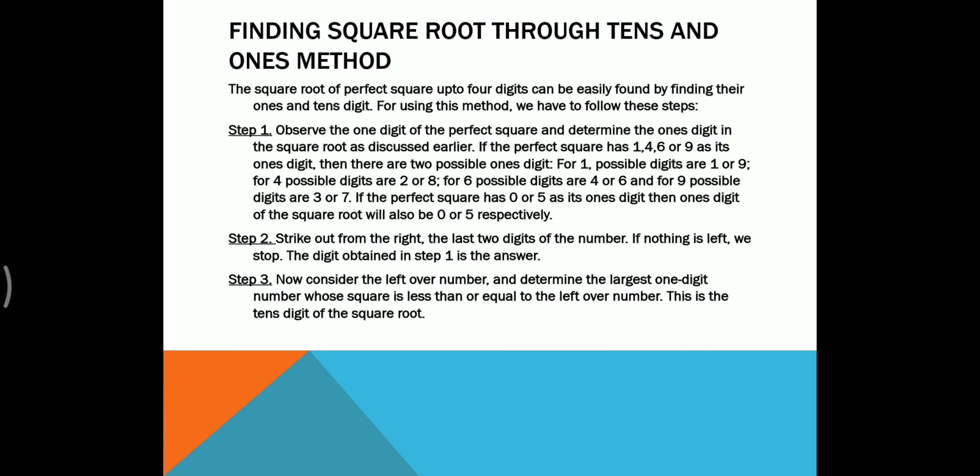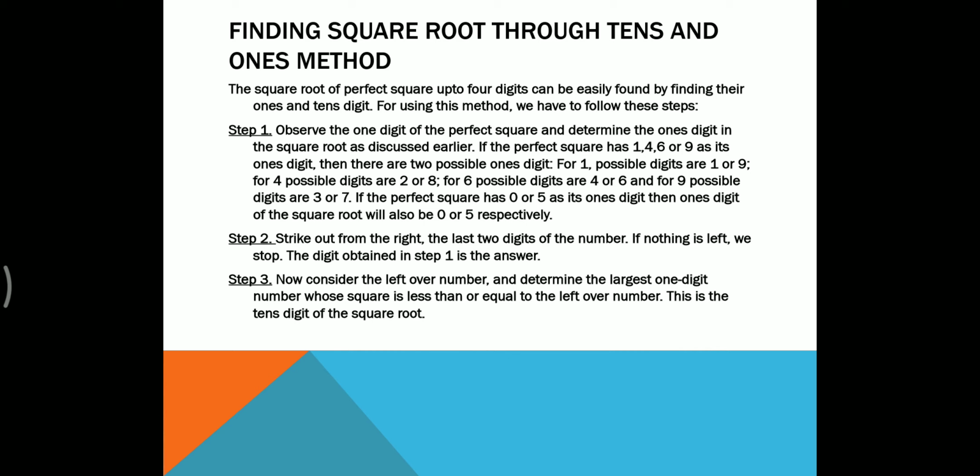My dear students, I can explain step number two like this. If, for instance, you are taking an example of 64, 64 is a perfect square. You can see the ones digit of this 64 is 4.